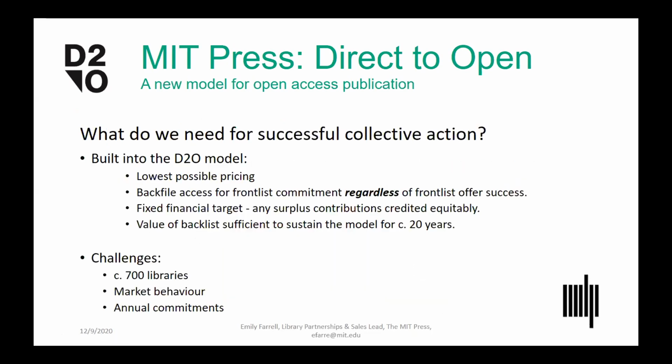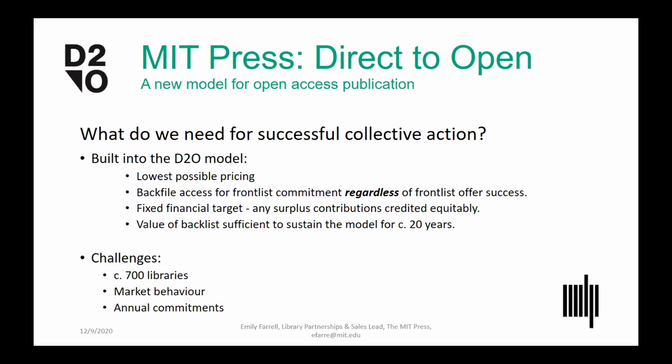So implementing a collective action model is not a small task. Over the course of the last year, we've looked at best approaches and worked closely with Raym to refine a model to make it, as much as possible, impossible to refuse. The model's built to offer the lowest possible pricing for each institution. We're taking into account not only FTE, but also collections budgets in setting the tiers for the model.